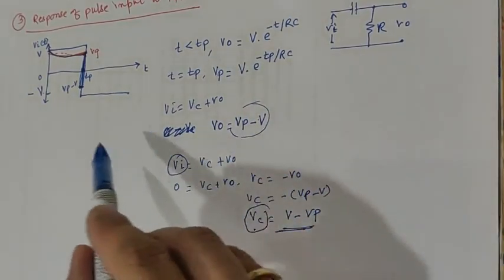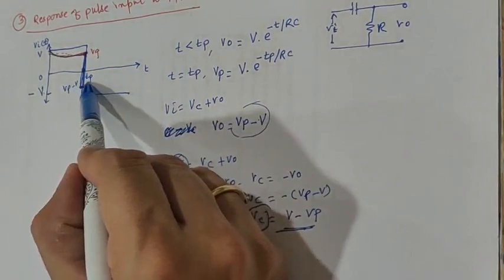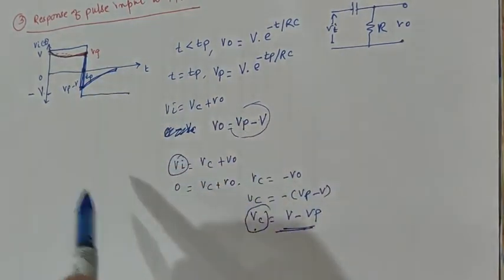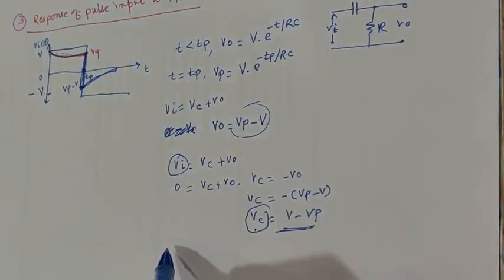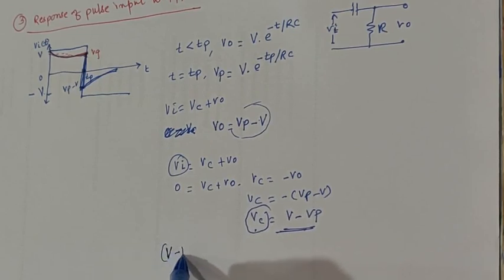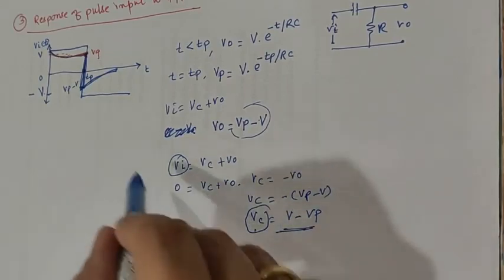So now the equation is going to be the discharge equation of the capacitor. It is going to discharge by the capacitor's formula. What is that formula? It says the initial voltage, which is V minus Vp, into e to the power minus t by Rc. But what is the value of t here?